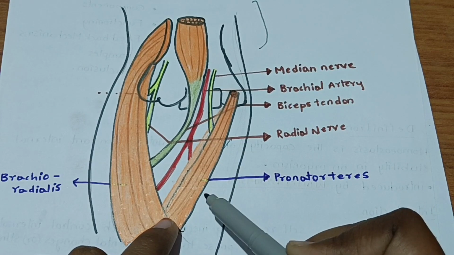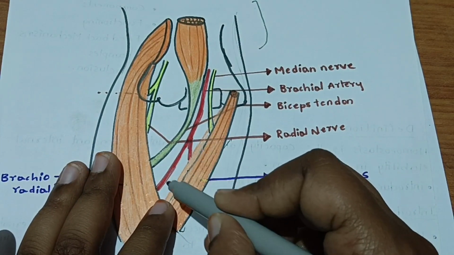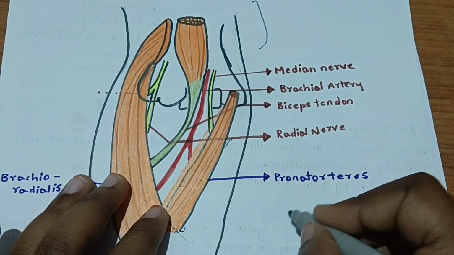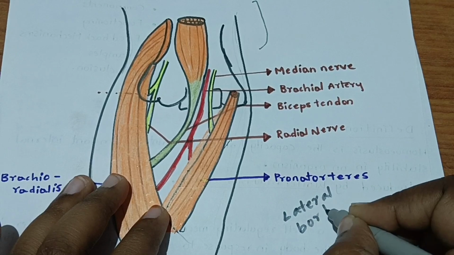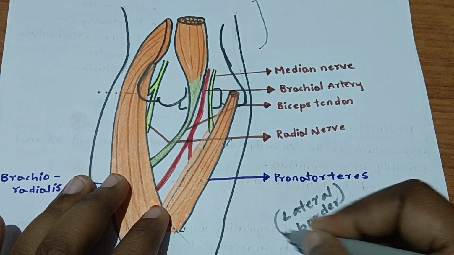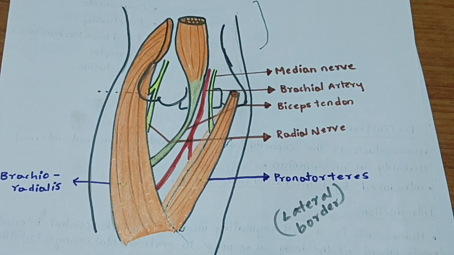So the medial boundary of the cubital fossa is formed by the lateral border of the pronator teres.